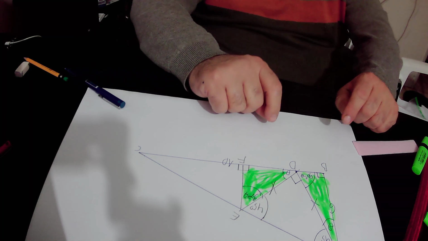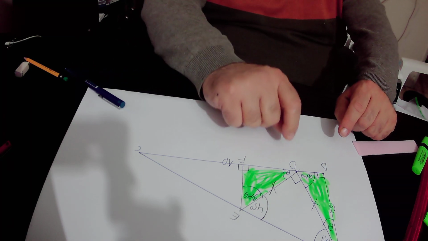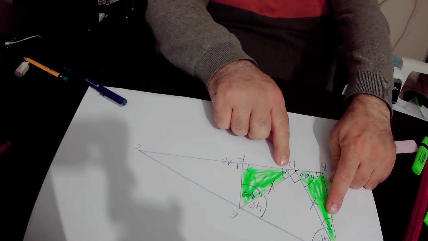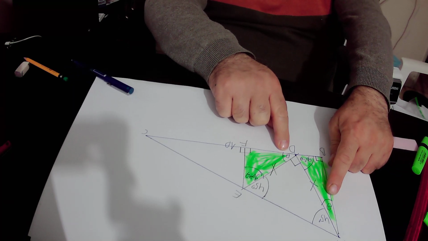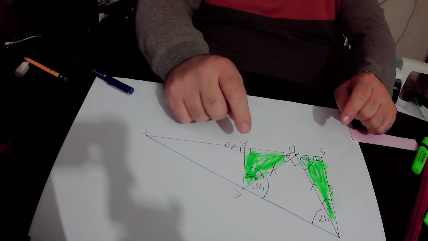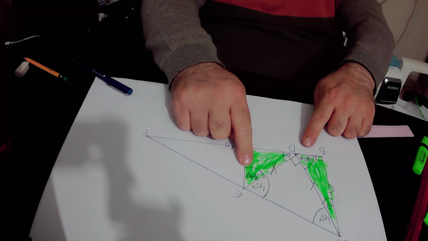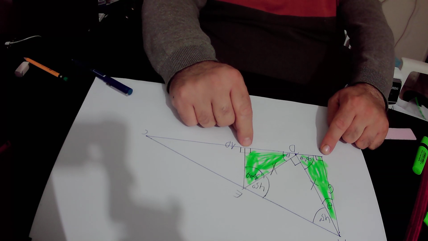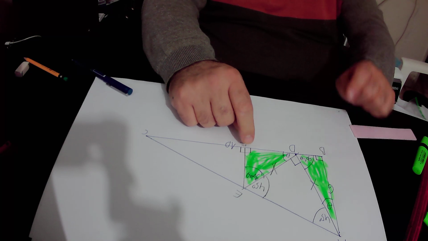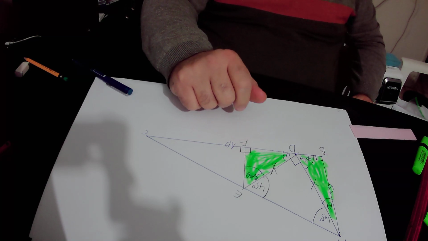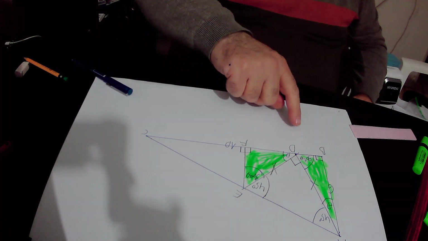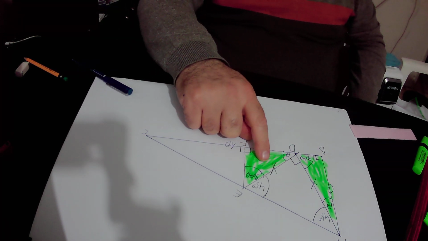Both those two green right triangles have one angle that is equal to theta, both have one angle that is equal to 90 degrees minus theta, and both have a right angle that is equal to 90 degrees. And we also know that AD is equal to DE, that is equal to X.